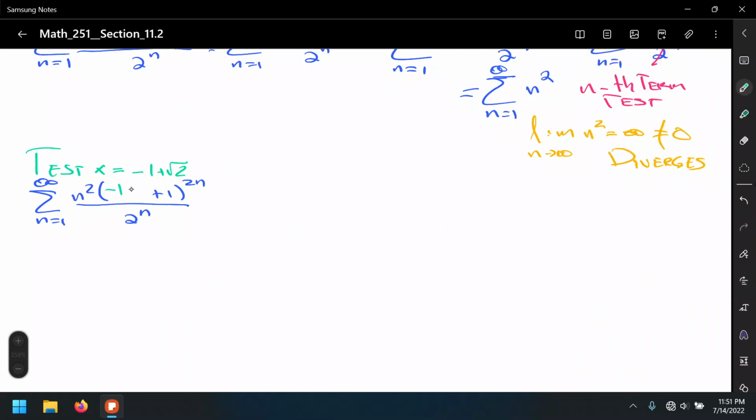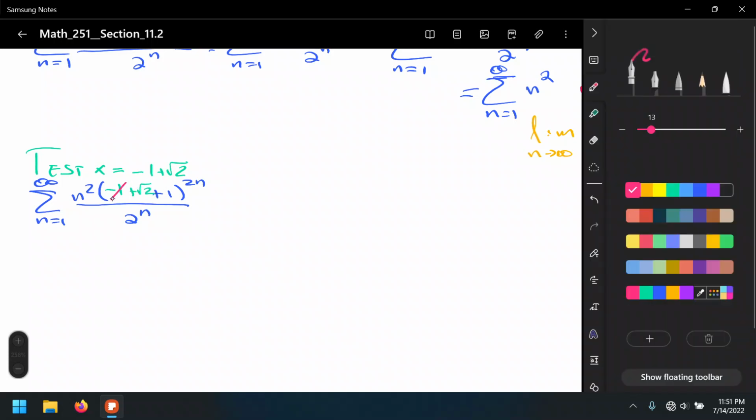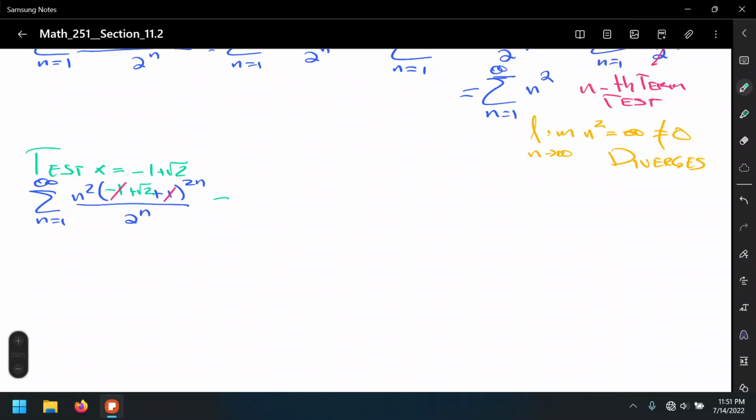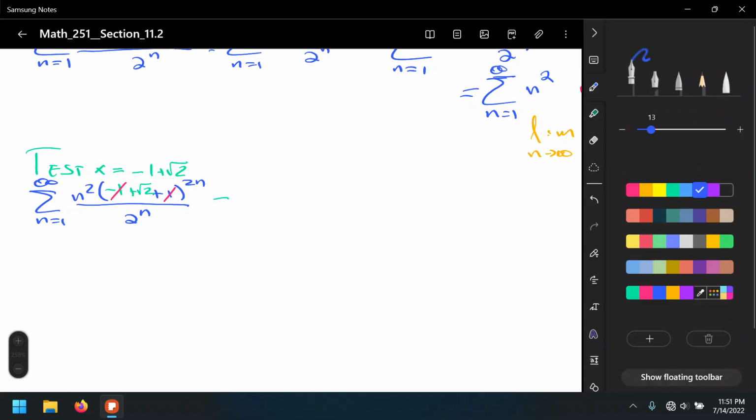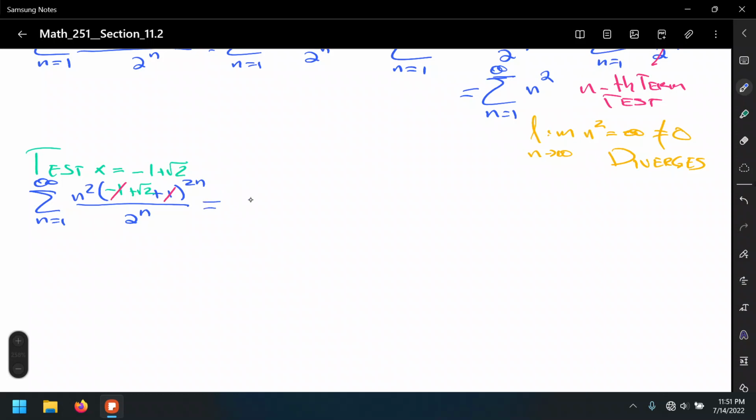So -1 plus root of 2, cancel the ones, we are left with n equals 1 to infinity, n squared times the square root of 2 to the 2n.